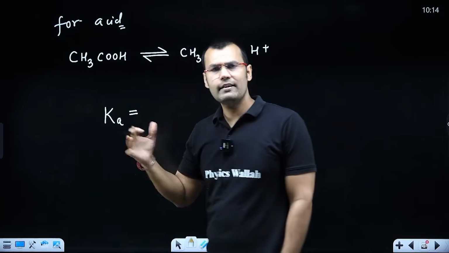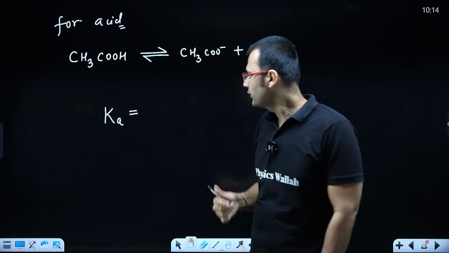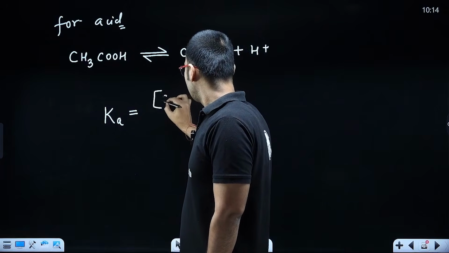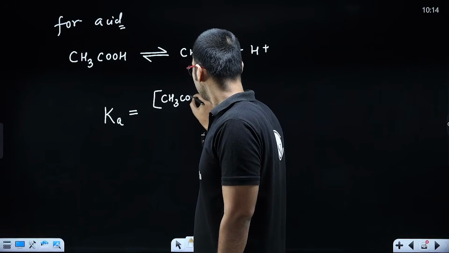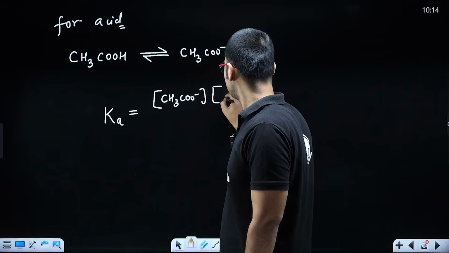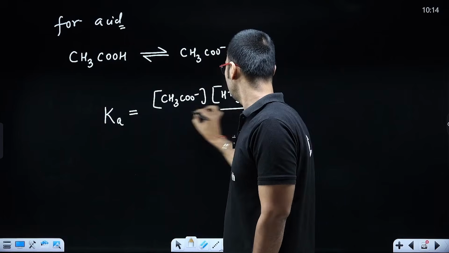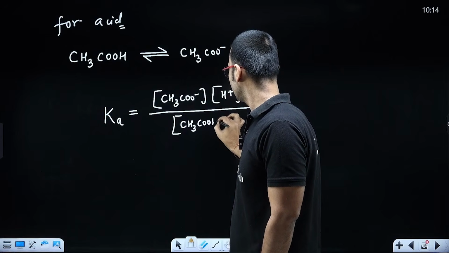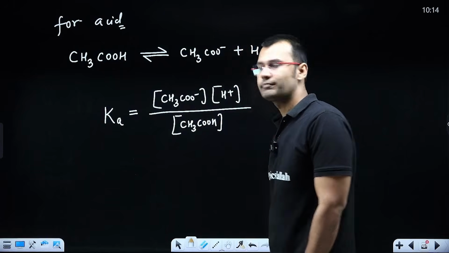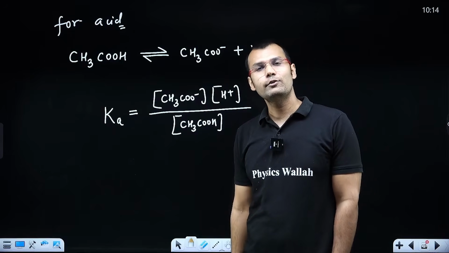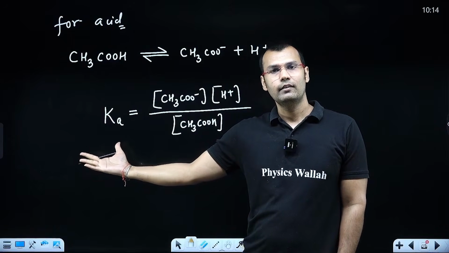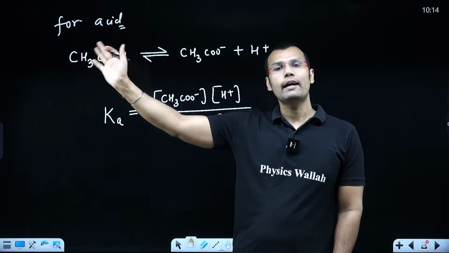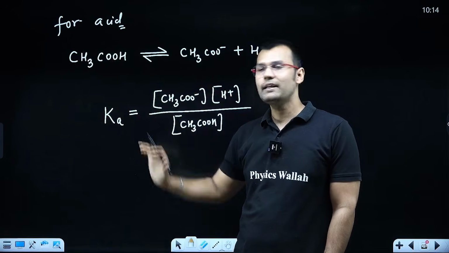Here we are just writing the expression: concentration of acetate ion power 1 into concentration of H plus ion power 1, divided by concentration of acetic acid molecules power 1. This is the expression for the dissociation constant of an acid. You take any weak acid, and you represent it by Ka.